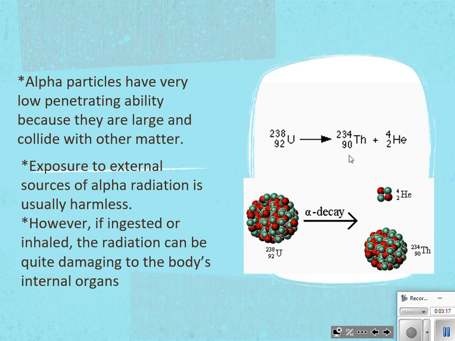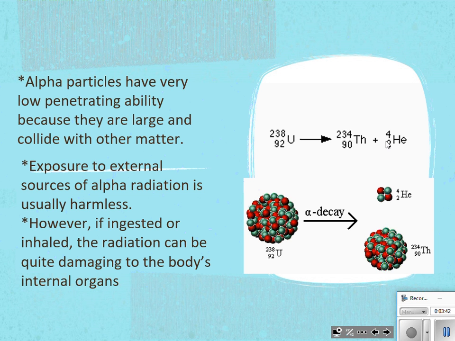I'm going to guess thorium. But I'm not totally familiar with TH, so let me find it. It is thorium. So, the product of alpha decay of uranium-238 is thorium-234.